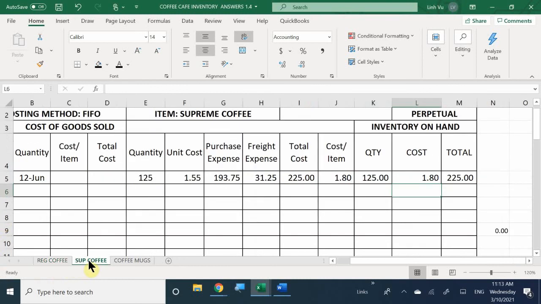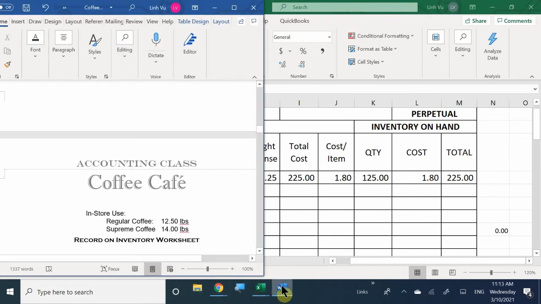So let's go ahead and take a look at our Supreme Coffee. What costing method are we using? We're using FIFO. How many pounds of my coffee did I actually sell, or used, I'm sorry, for the Supreme? 14.